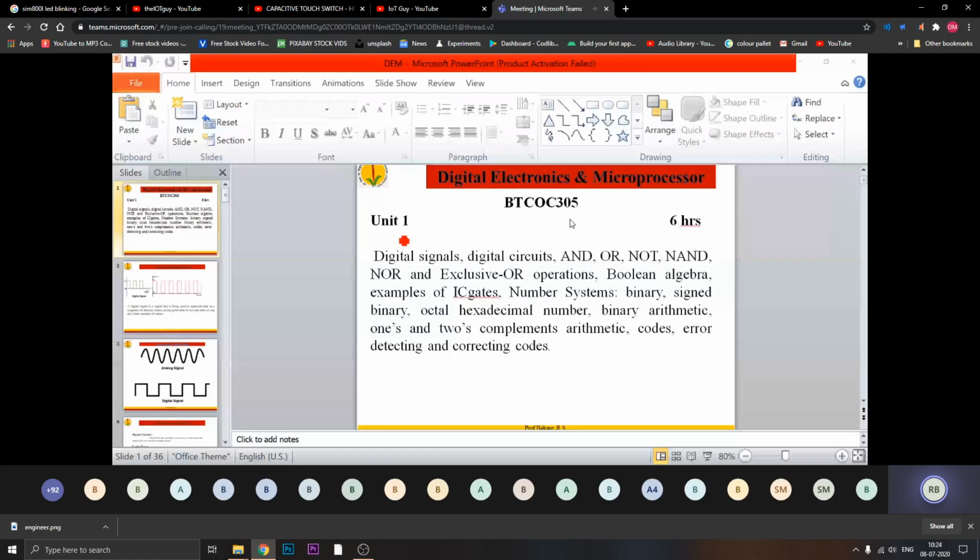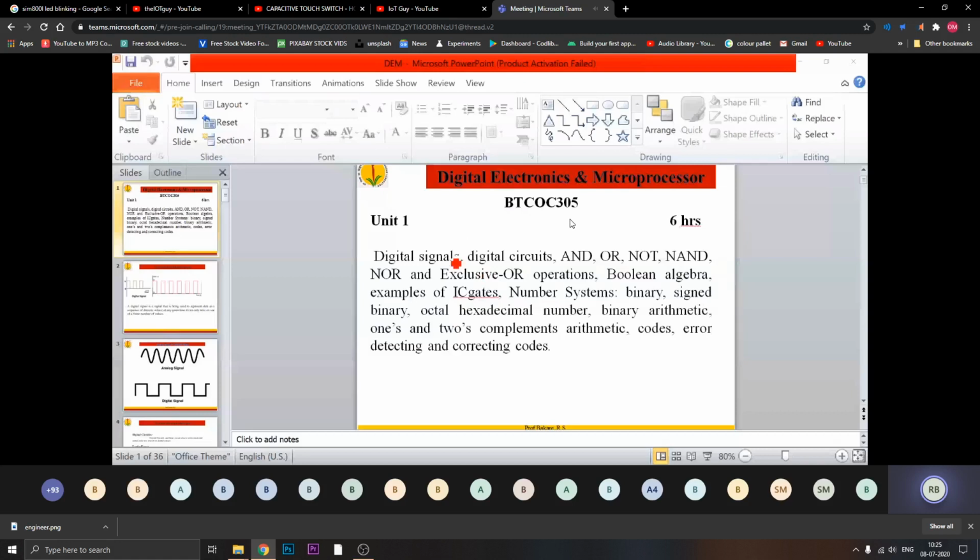It occurs at discrete intervals of time, and the discrete interval of time is nothing but delta t. So after delta t, either 5 volt or 0 volt continuously occurs with respect to time. This is the definition of a digital signal in terms of voltage.